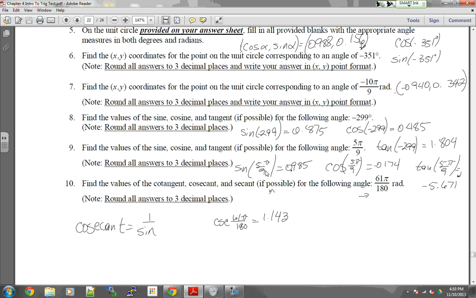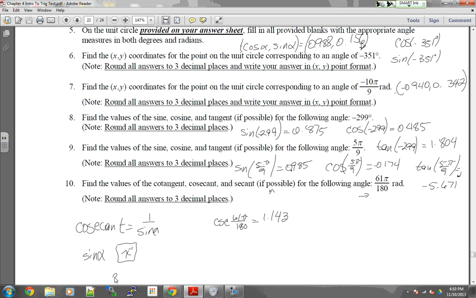All right, so you can either do 1 over the sine of the angle, or you can just do the sine of the angle and then hit the x to the -1 button, which is below the sine, and what it'll do is it'll come up and say answer -1, hit enter, and it'll give you the value. All right, same way with the secant of 61 pi over 180.